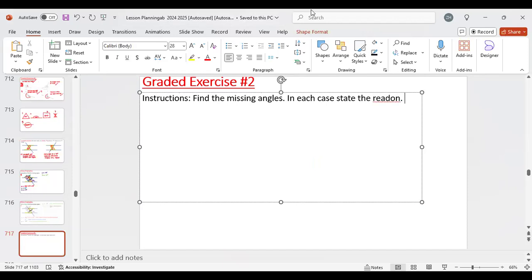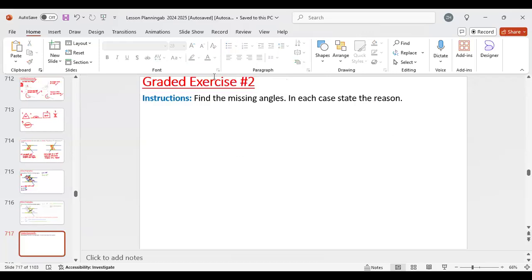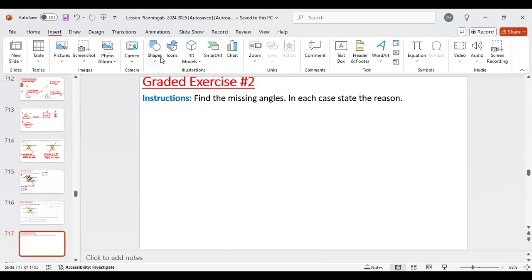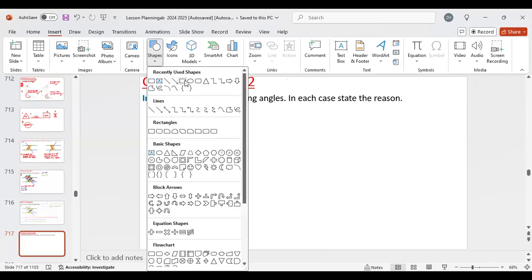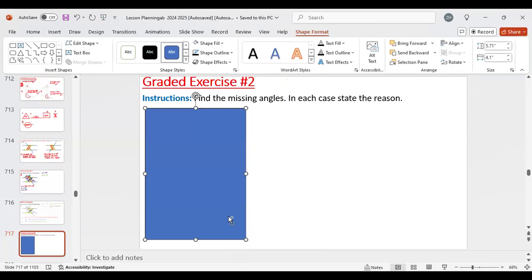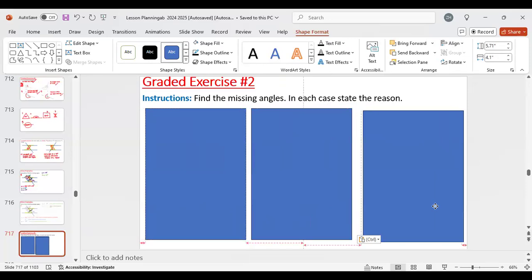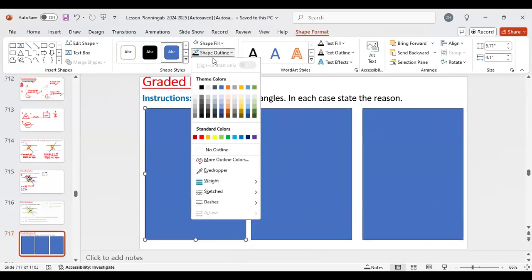So I want you not only to tell me the angles, but I want you to tell me the reason why you have chosen that particular answer. I'm only going to give you all 3 exercises.